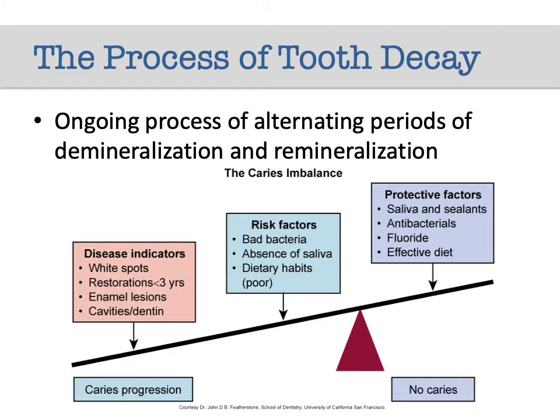Then we have protective factors, so saliva and sealants, antibacterials, fluoride, and an effective diet. So it's all about creating this balance between risk factors, disease indicators, and then those protective factors.